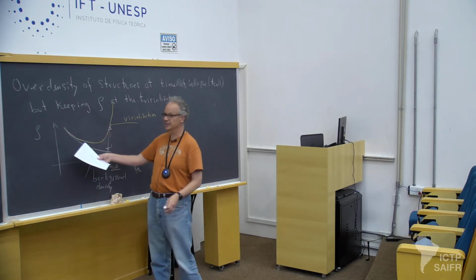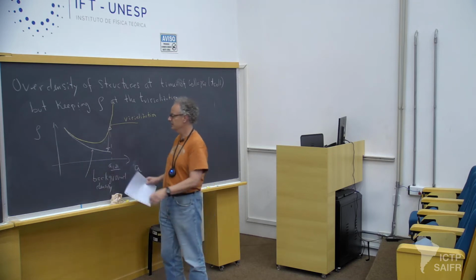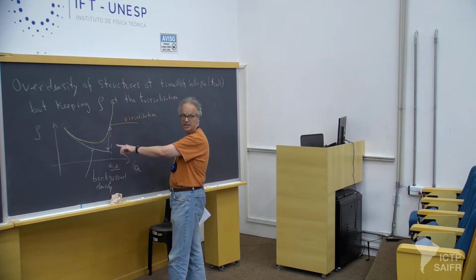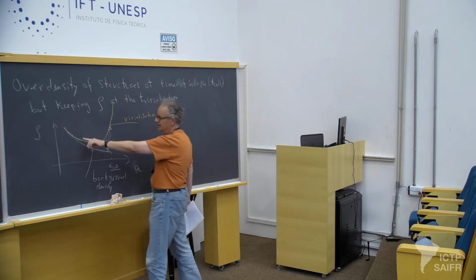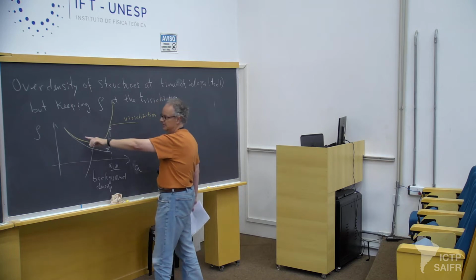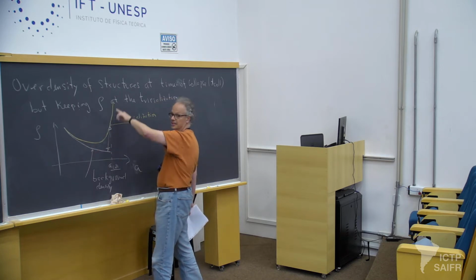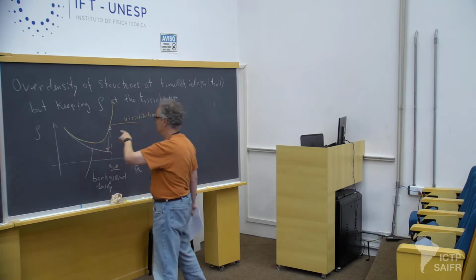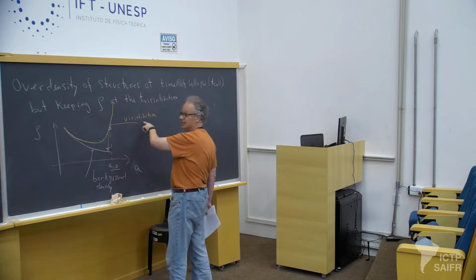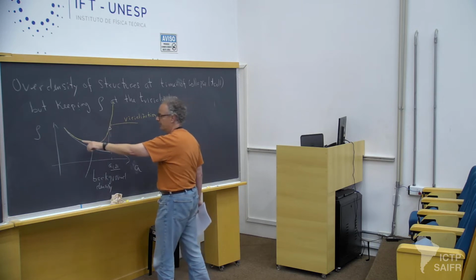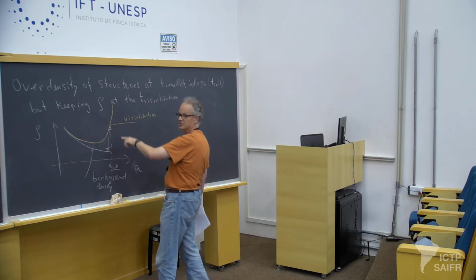And this plot shows exactly that. So this is the background density, goes like a to the minus 3. It's a matter-dominated universe. And this is the density inside the perturbation that in the beginning goes like the background, but then it detaches, and finally it explodes. But what I'm saying is that because of virialization, it does not explode. It stops. And I'm going to compute what is this ratio here between the background and the density at virialization.